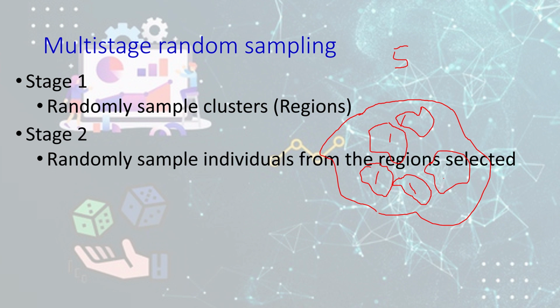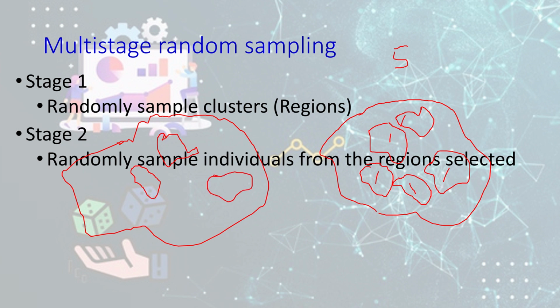So if you are selecting one individual from each cluster, there will be 5 clusters in the population. And if the number of clusters is not exactly 5, you may have the option of selecting 2 or 3 individuals from one cluster randomly.